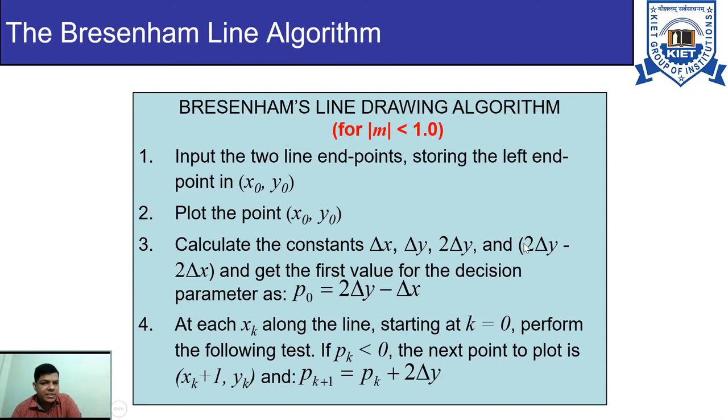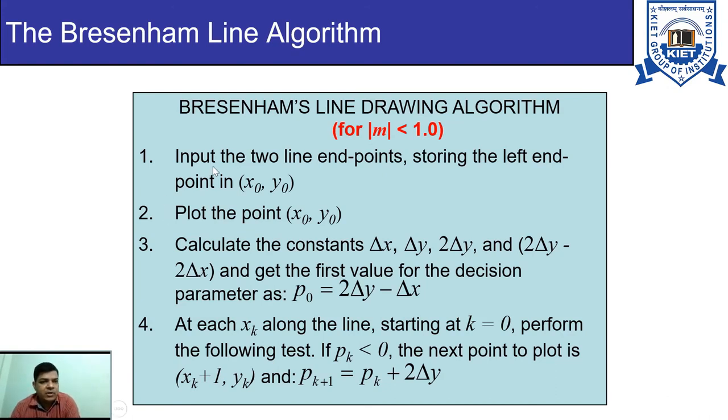So here is Bresenham's algorithm, and you should keep in mind that this algorithm is designed for a slope less than 1. If you want to implement this algorithm for a slope greater than 1, you have to change some parameters to implement the line whose slope is more than 1.